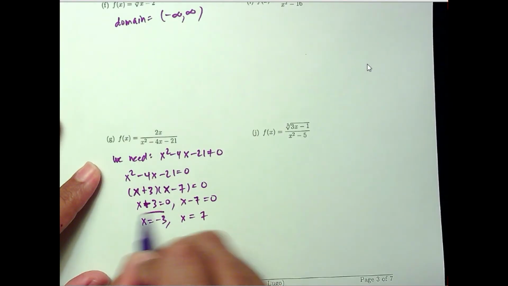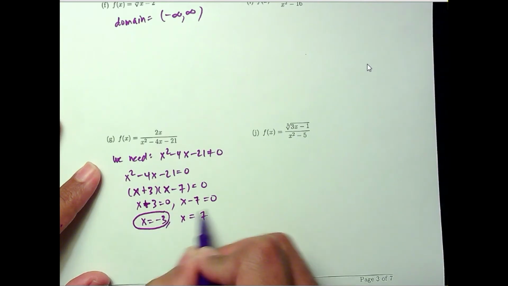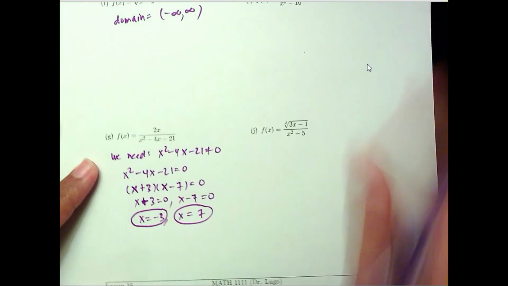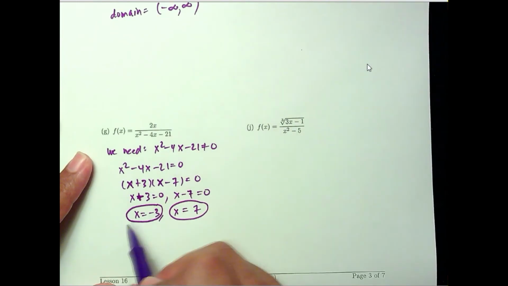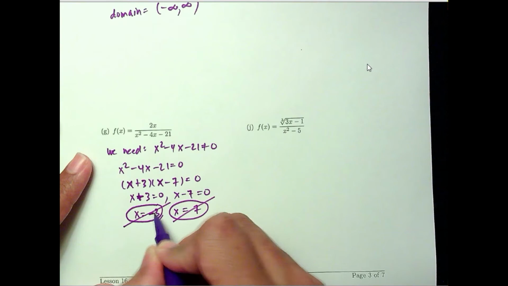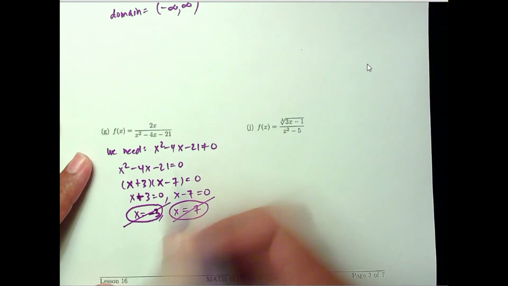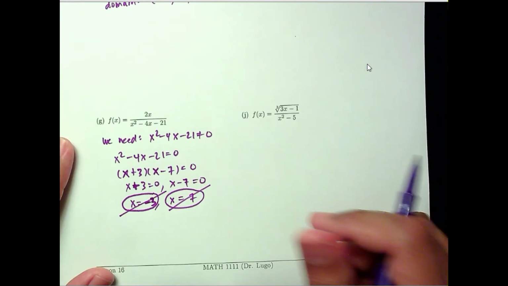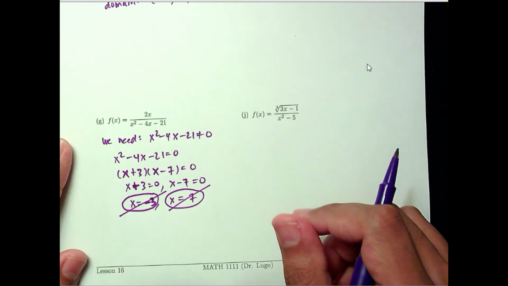These are the numbers that make the bottom 0, so you cannot use them. You have to discard them. x cannot be negative 3, and x cannot be 7. Those numbers are not going to be part of the domain. You don't want those numbers.